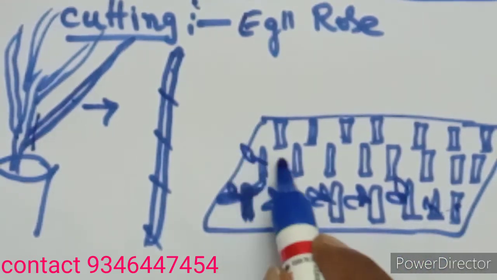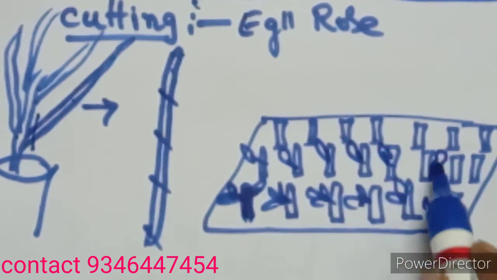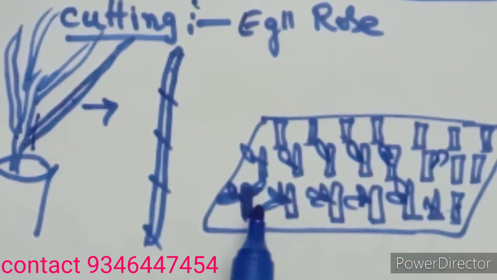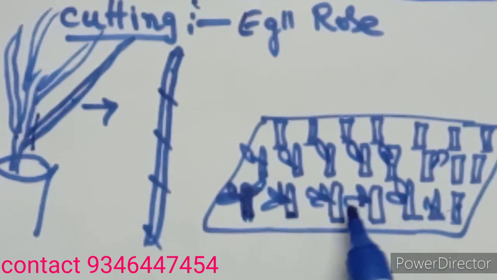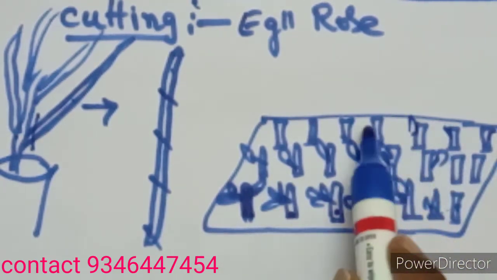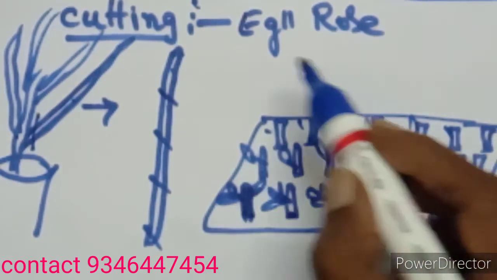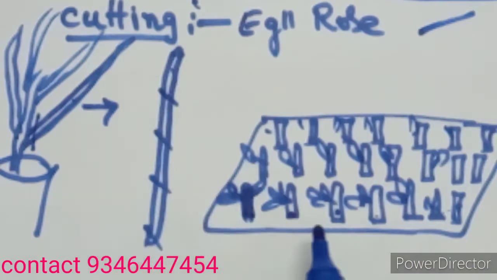Like that, all the cuttings start to produce new plants. That means it turned into a plant. Like that, many plants are produced at a time. So this method is called the cuttings method. Through the cuttings method, we can produce a number of plants at a time, even within a short time.